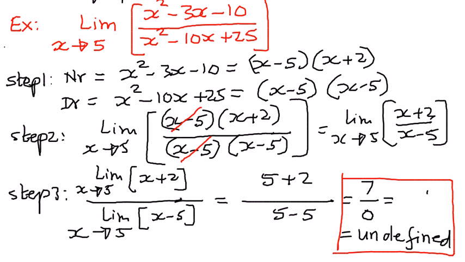We factored the numerator part, we factored the denominator part, and then we cancelled out the common terms in the numerator and in the denominator, and then we came back and used the quotient rule of the limits, and therefore we were able to substitute the value of x equal to 5 in the numerator part and in the denominator part, and then we came out with the conclusion that the numerator part was 7, the denominator part was 0, therefore the value is going to be undefined.